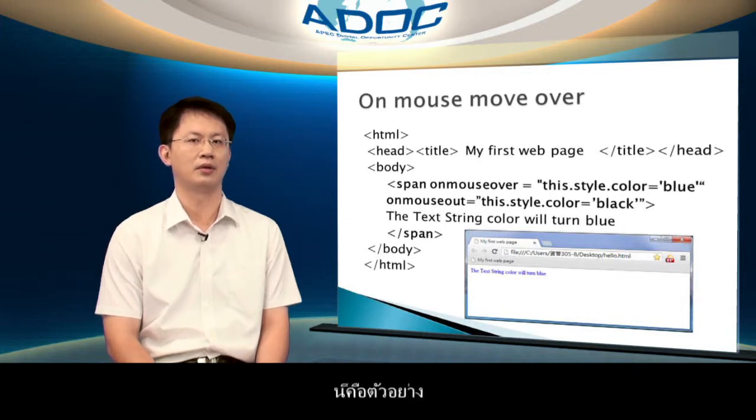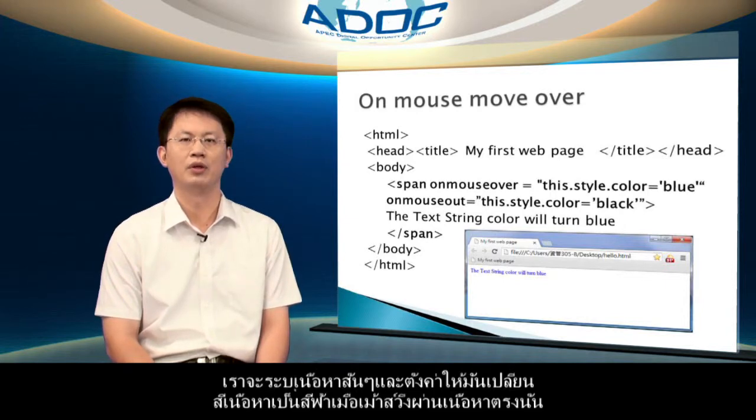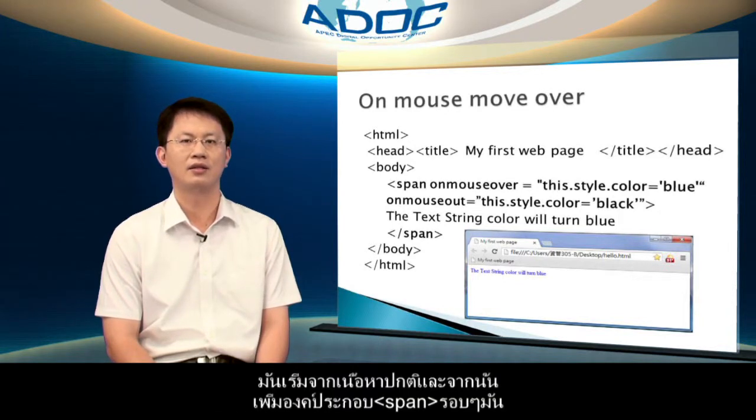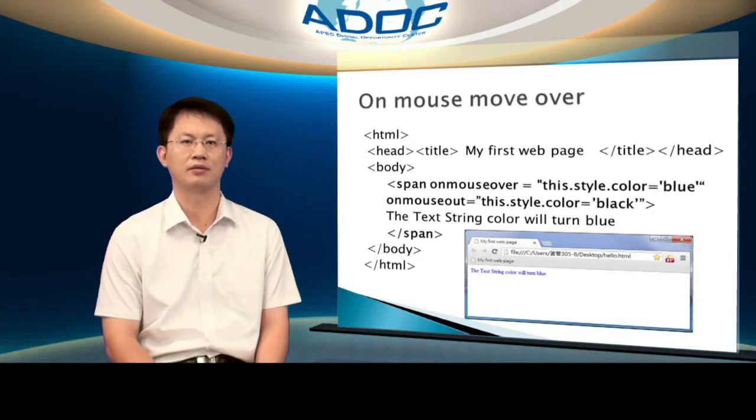Here is an example. We will specify a string of text and set it to turn blue when the mouse runs over that text. It starts with the regular text and then we add the span elements around it.